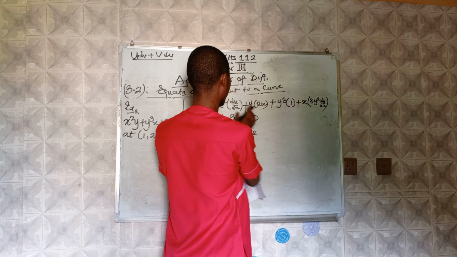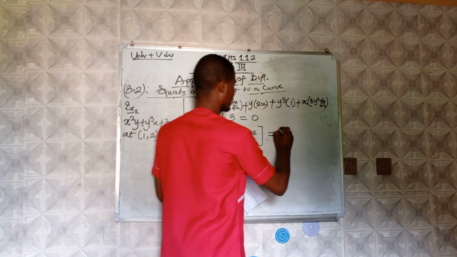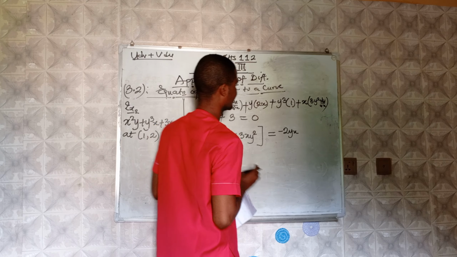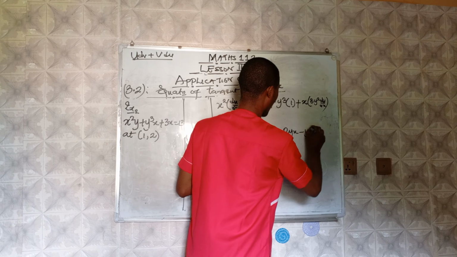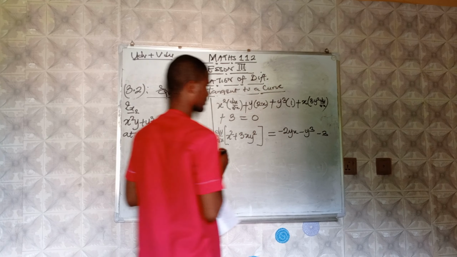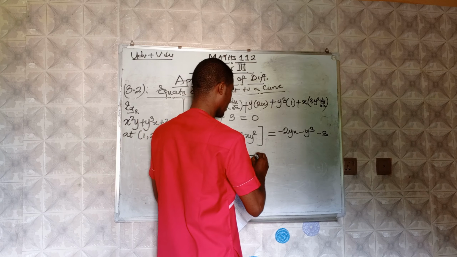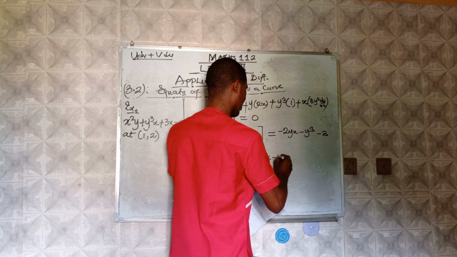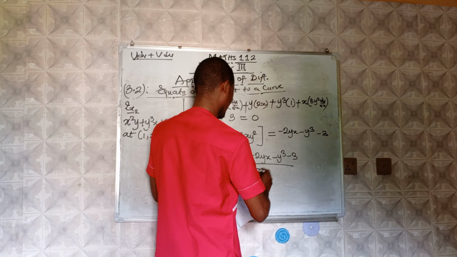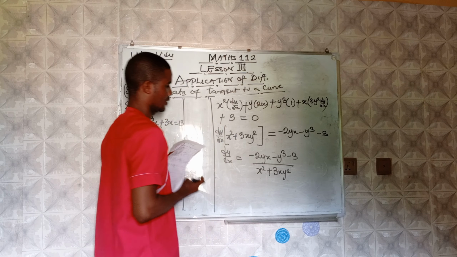This guy then equals minus 2yx minus y cubed, then minus 3. So that my dy/dx becomes (minus 2yx minus y cubed minus 3) over (x squared plus 3xy squared).